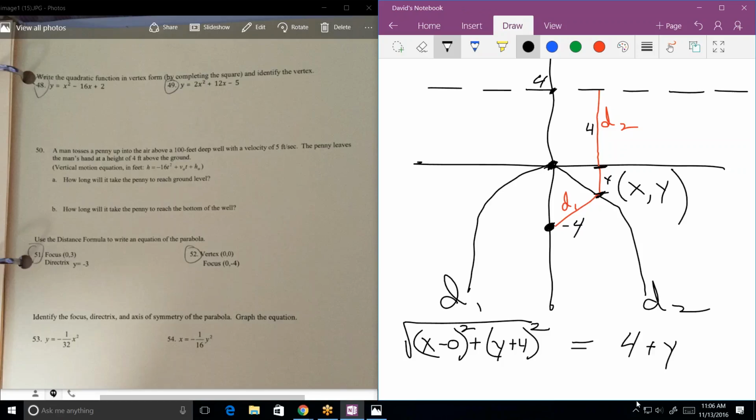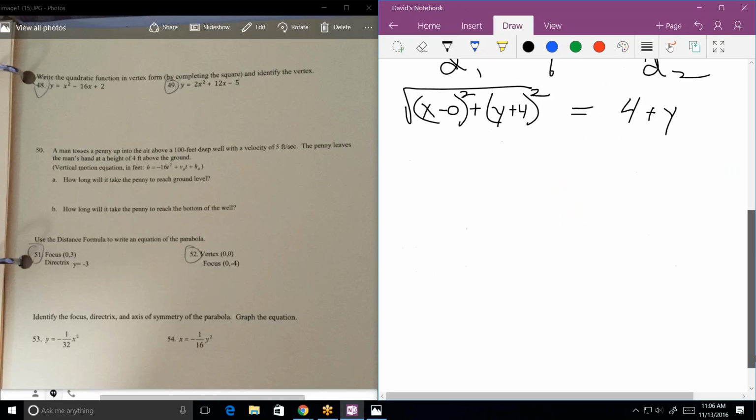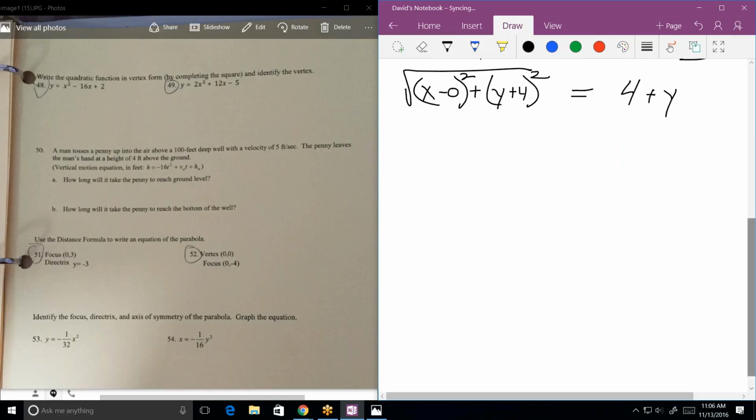If I break that distance down into 2 parts, well, that part's 4, and this part is y. Well, I got to add those two to figure out what D2 is. All right, we've done the hard part, which is setting up the equation. Now let's do the rest of it. It's the first step.